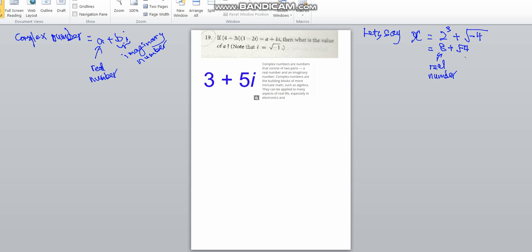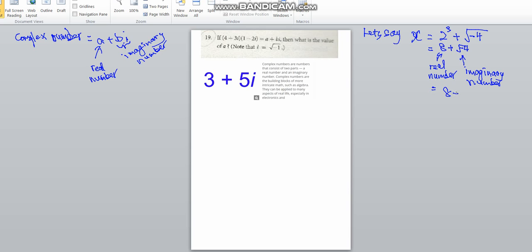What about this part of the value of x? This is called the imaginary number.